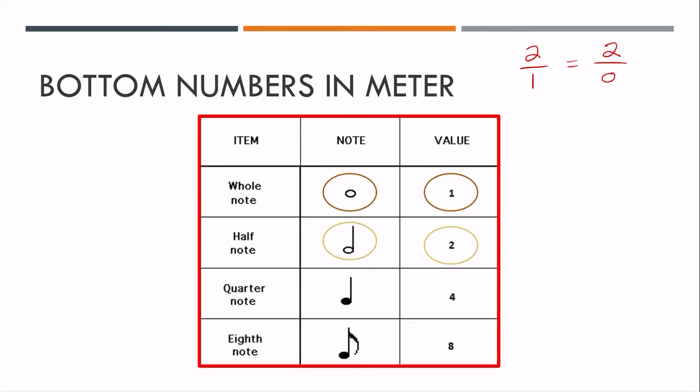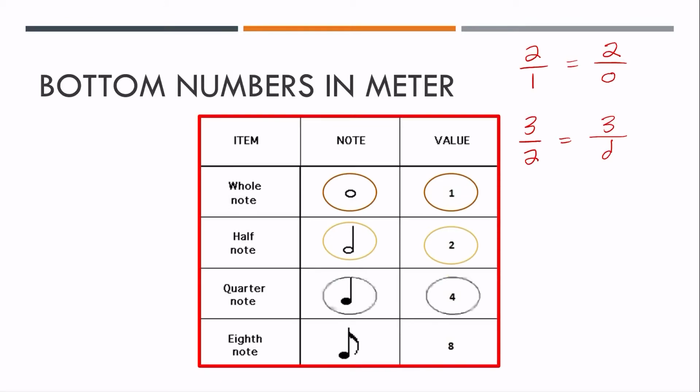So let's say that our meter is 3, 2. Remember, the 2 tells us that we're dealing with half notes, and the 3 means that we will have 3 half notes per measure. Moving on, same thing.